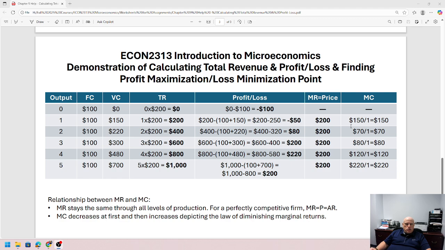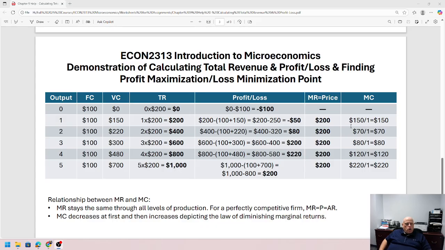So the change is $150, and you divide that by 1 to get your marginal cost, $150. And you do that same thing all the way down. Since we're increasing our output by 1 unit each time, all you really need to do in this case is figure out what the change in total cost is, okay? Because you're going to be dividing by 1 each time.